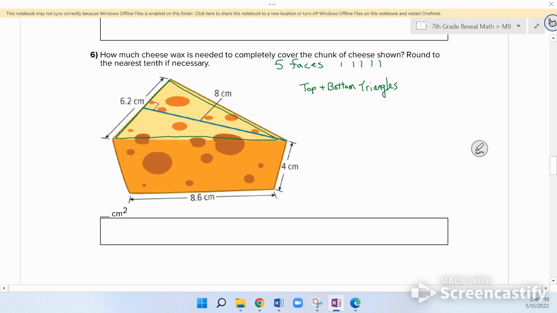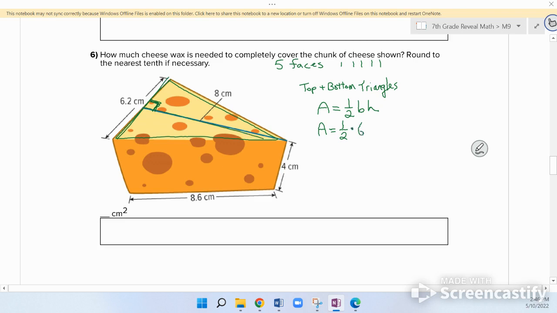Okay, what we look for is the area formula here, 1/2 base times height. And we are going to find the base and height of that triangular face, that top. The base and height always meet at a right angle. Do you see my right angle? So this line and this line meet at those right angles.